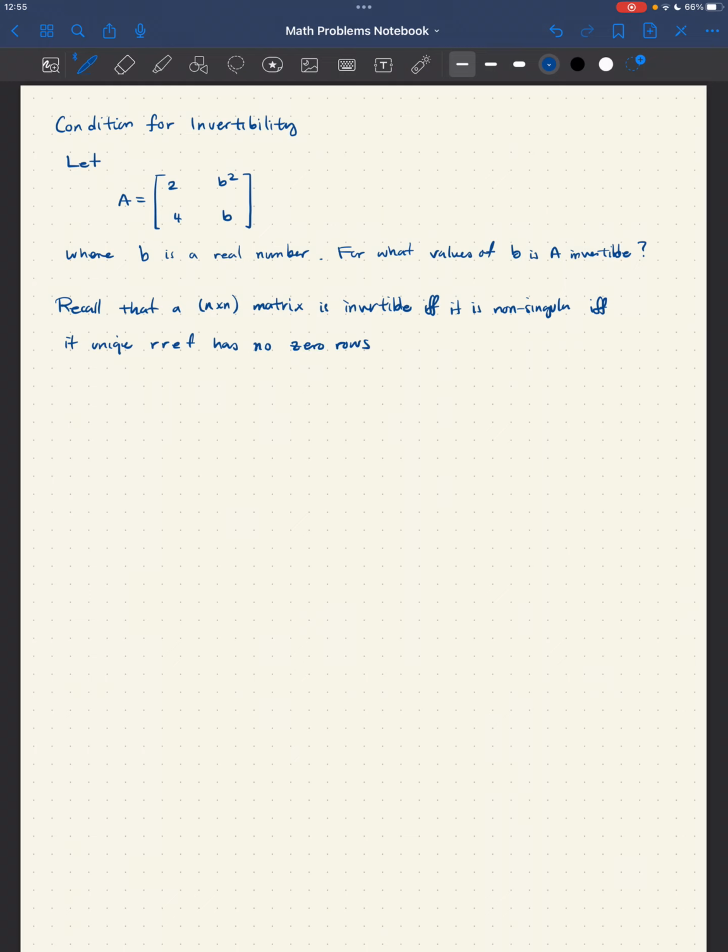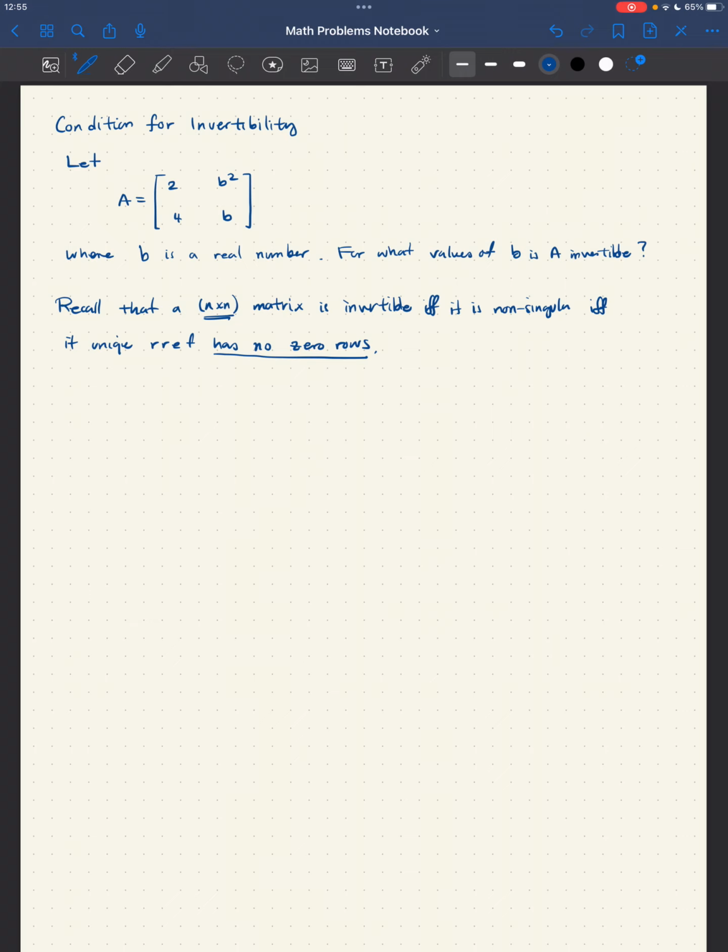This would be equivalent to saying that its unique row reduced echelon form is identical to the identity matrix. Well, at least in this case, right? Under this context. Well, we're going to use that because that's a little bit more mechanical. So it's for us a little bit simpler to manipulate, and we'll see where we get.